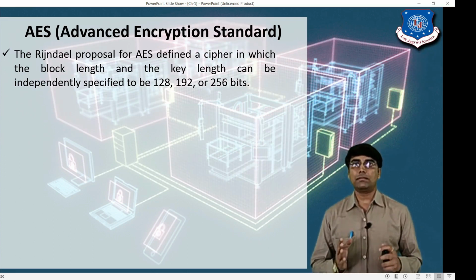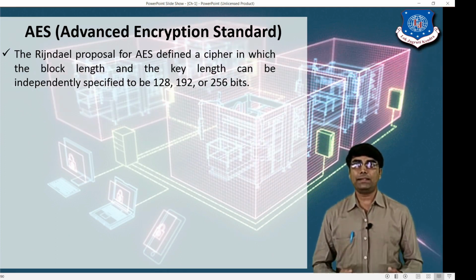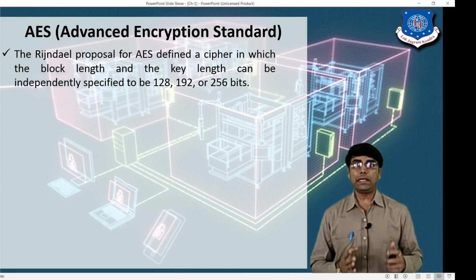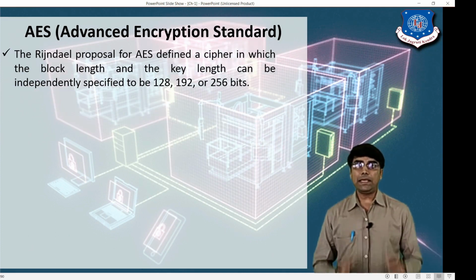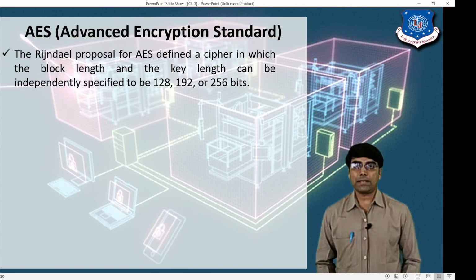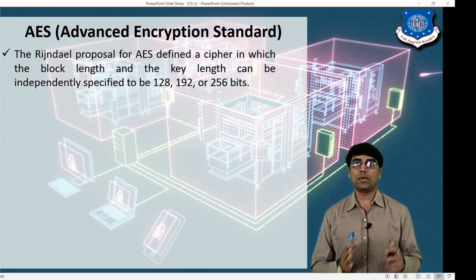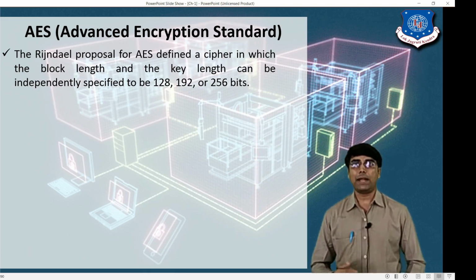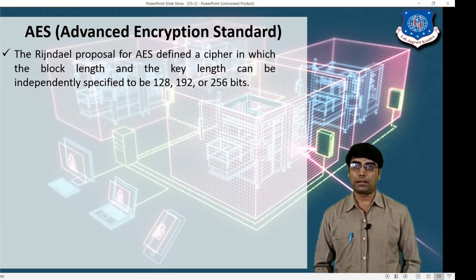It means if the cryptanalyst tries to find the characteristics of the DES algorithm, AES is a stronger algorithm compared to DES, because here we are using the 128 bit key length, and in DES we use the 56 bit key length.